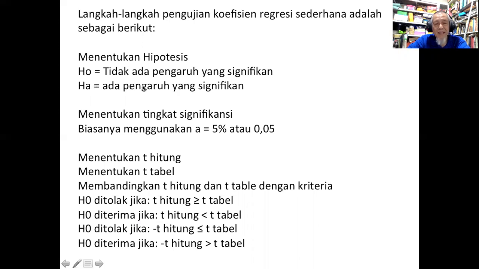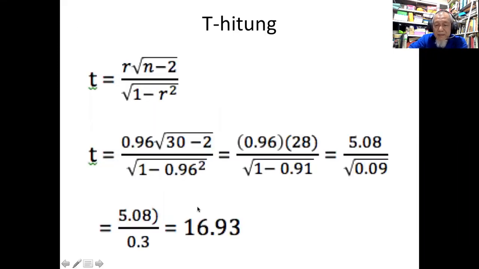Alternative hypothesis: there is a significant effect of the room temperature on the number of defective product. Then we select the alpha level, 0.05 as usual. And then we calculate the T. We already calculated that, and we have 16.93.